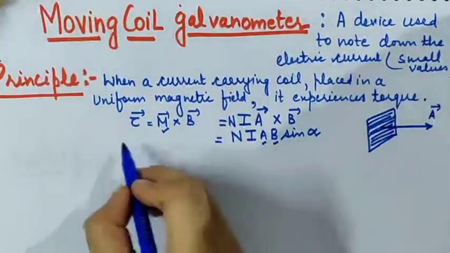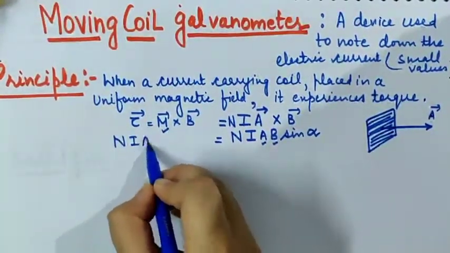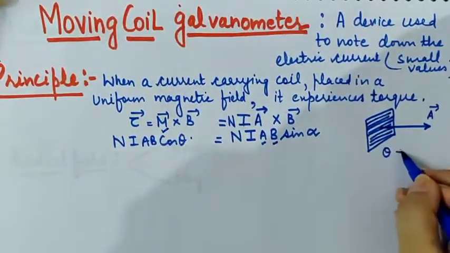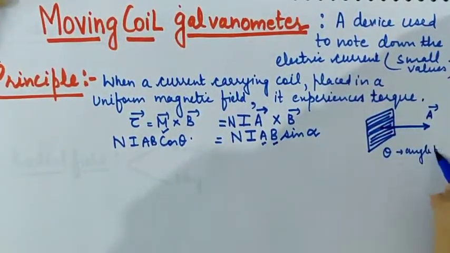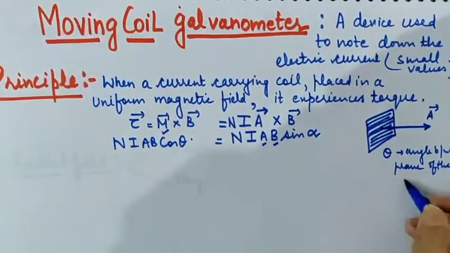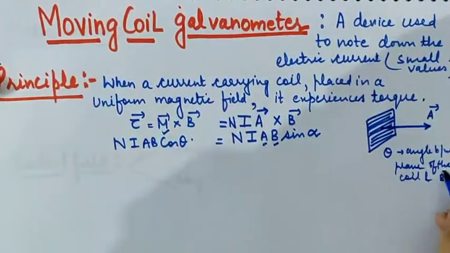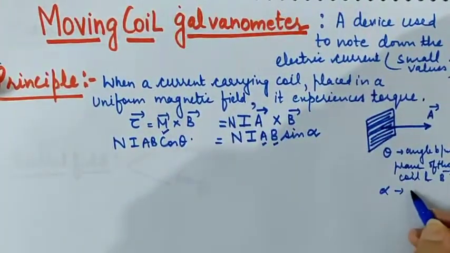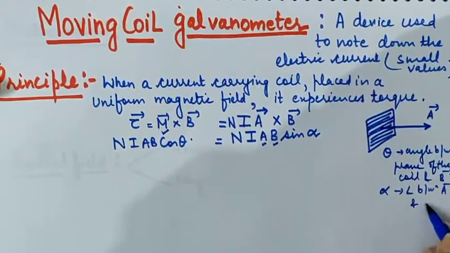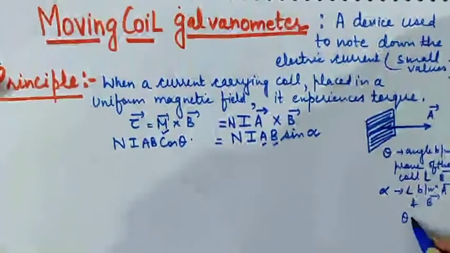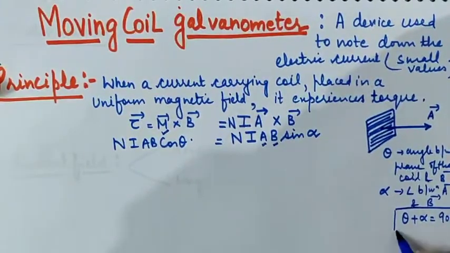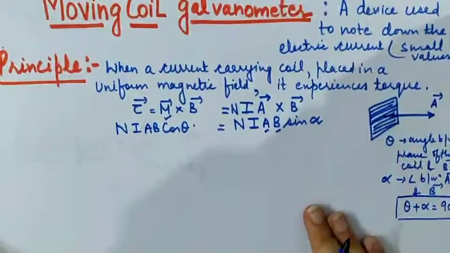This formula can also be written as N I A B cos theta, where theta is the angle between the plane of the coil and the magnetic field, whereas alpha is the angle between the area vector and the magnetic field, and theta plus alpha are always equal to 90 degrees. This we should remember, and we are going to start with the topic.